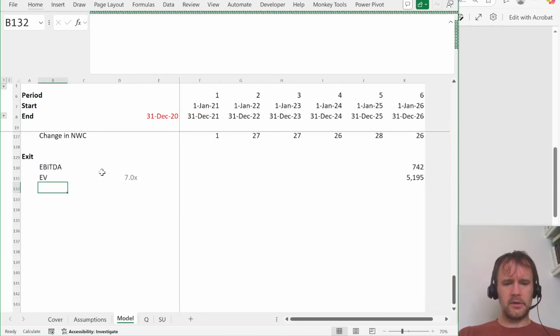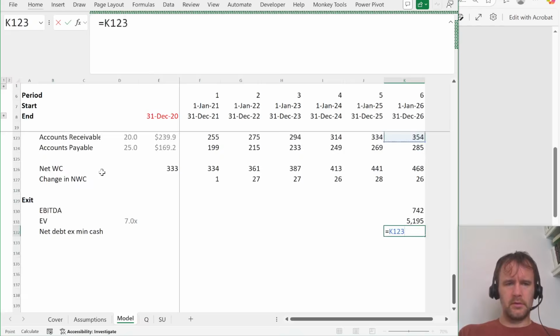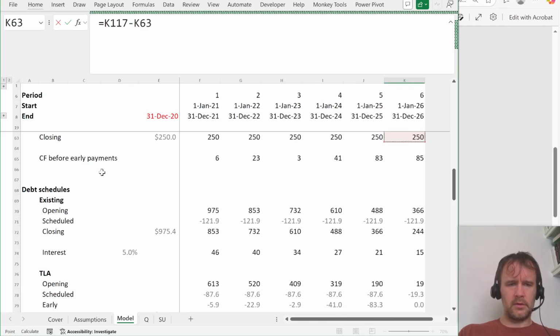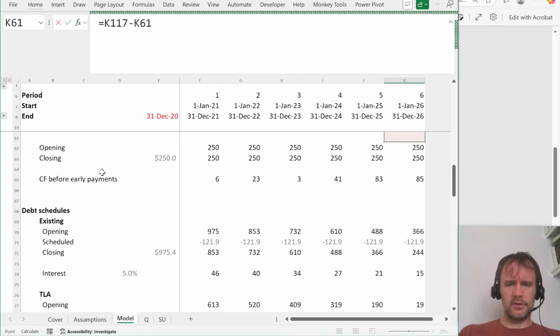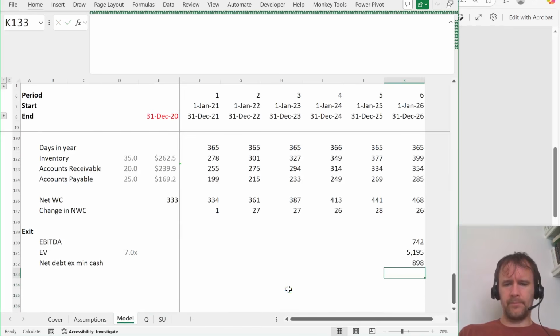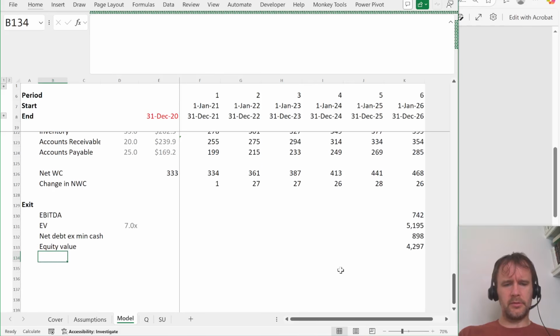So net debt ex min cash, that's going to be closing balance of all the debts minus the closing cash, plus the minimum closing cash, which I'll just link back to here. Okay, so then equity value is going to be this minus this, which isn't looking familiar, I must say, but never mind.